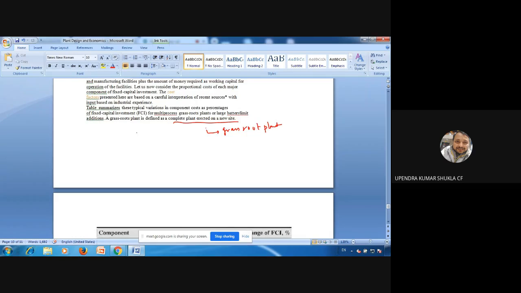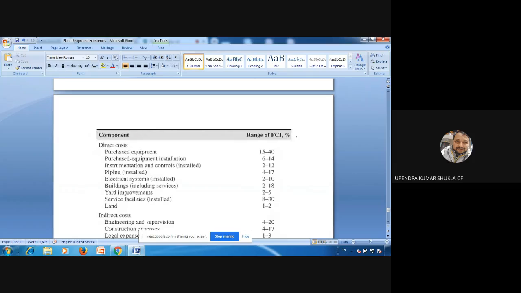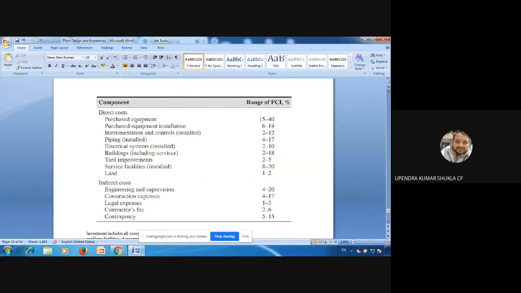Different components will be a percentage of fixed capital investment. Fixed capital investment will involve direct cost and indirect cost, as I told you earlier, and these will be some percentage of fixed capital investment.